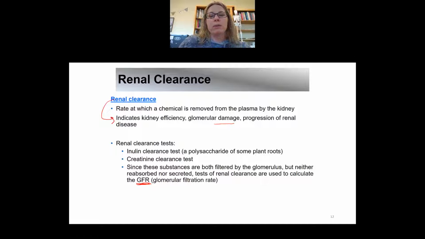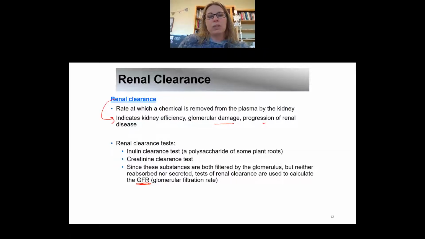And it also can be used to check the progression of kidney or renal disease. So you could do a baseline test when a person is first diagnosed, and then check every few months or weeks or years afterwards to see if the kidneys are maintaining their current efficiency or if they're getting worse over time.